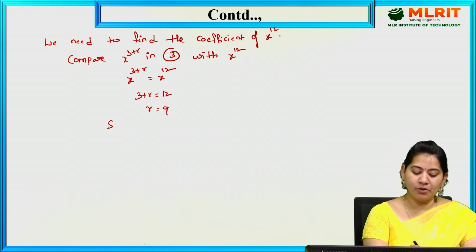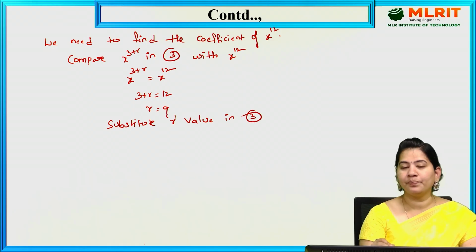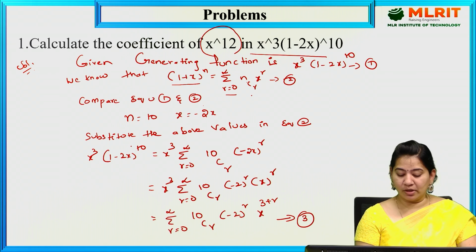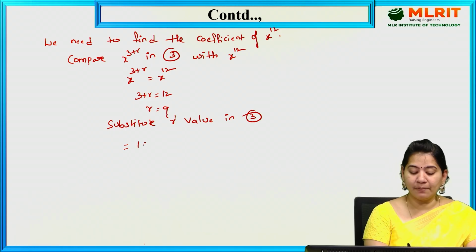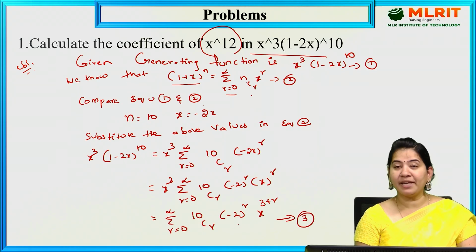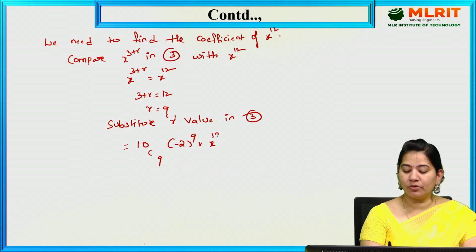Now substitute the r value in equation 3. As we already got the r value, we can directly write 10C9 into minus 2 power 9 into x power 3 plus r, which is 12.